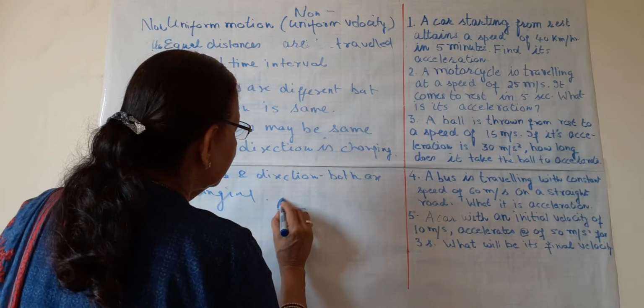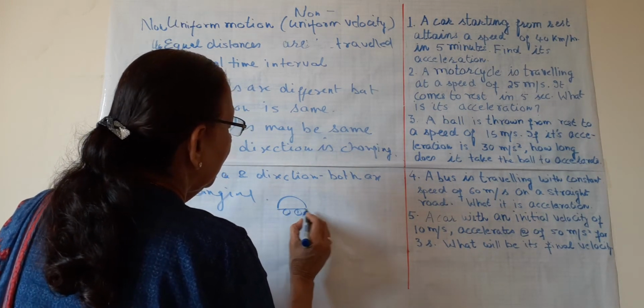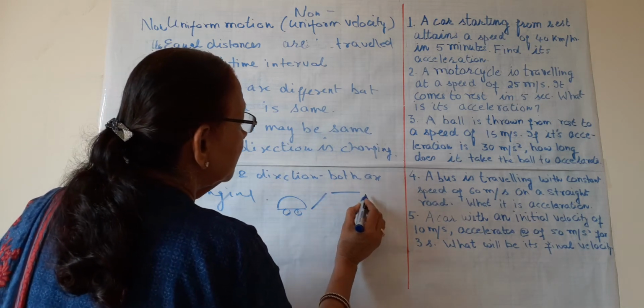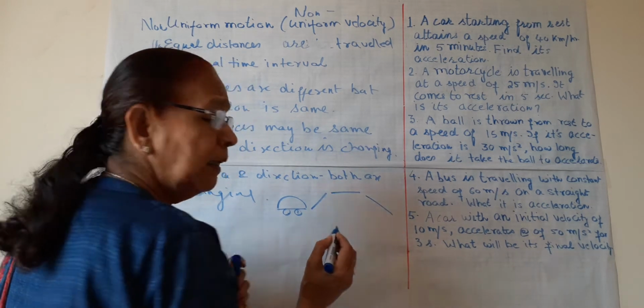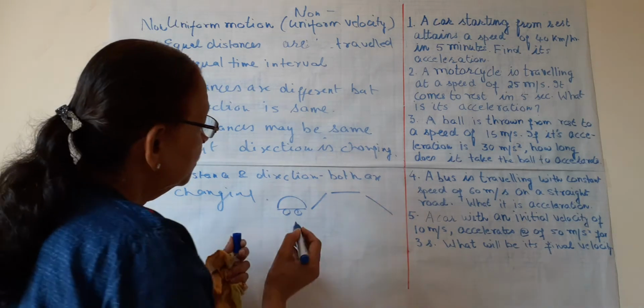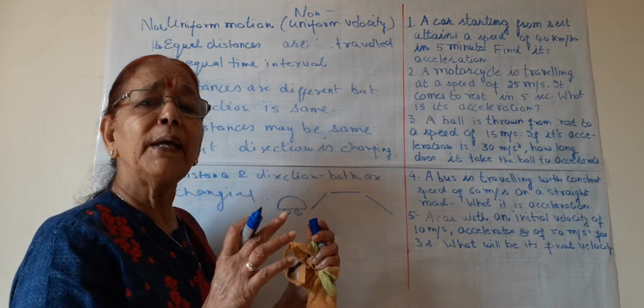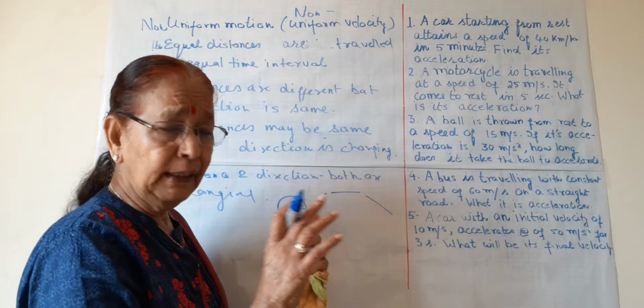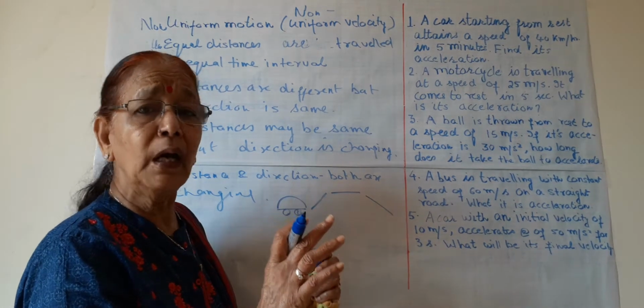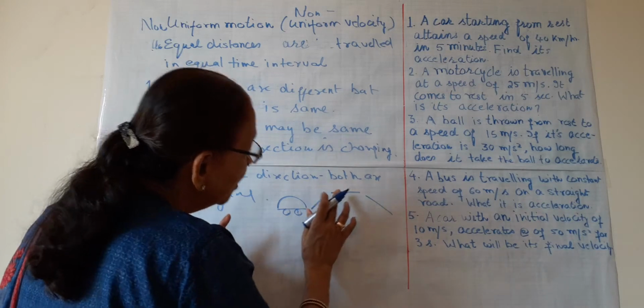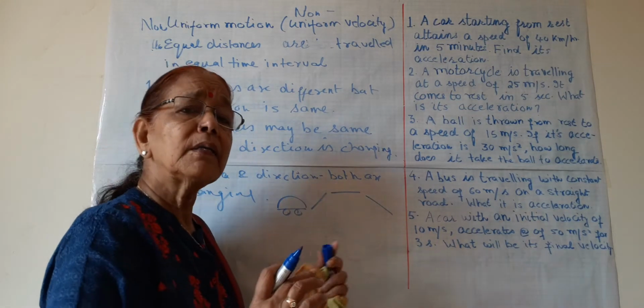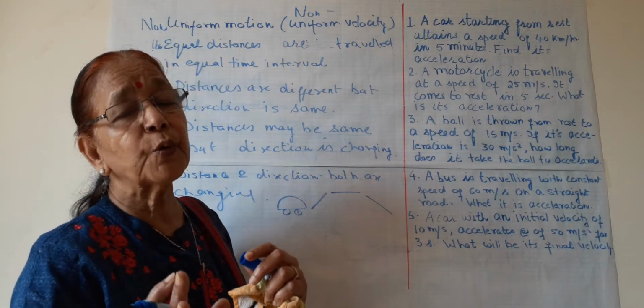Suppose a car is traveling on a busy road. It has to apply the accelerator and apply brakes again and again as there is rush on the road. And it is also changing its direction, sometimes going right, sometimes going left.